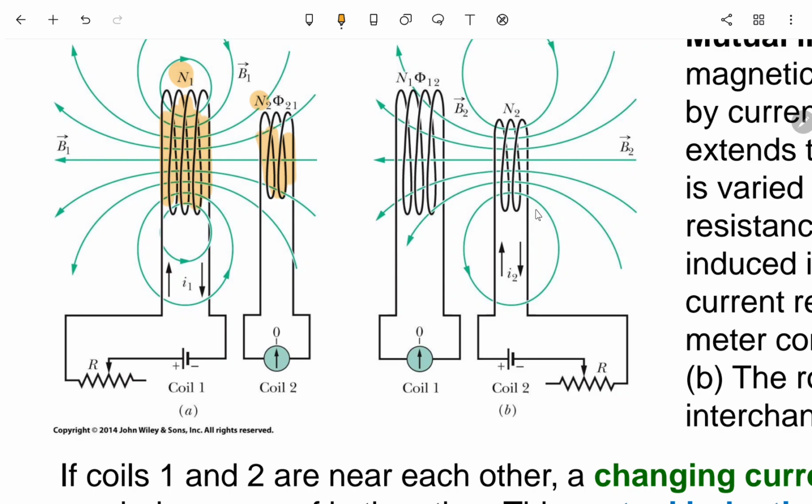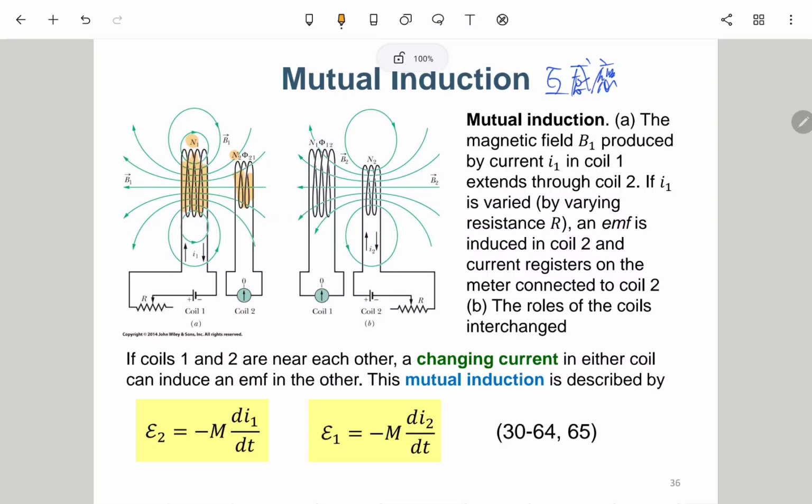In that case, coil 2 will generate a time-varying B field. So the magnetic flux for coil 1 is also time varying, and according to Faraday's law, it will also generate an induced current and an induced EMF. This phenomenon we call mutual inductance.